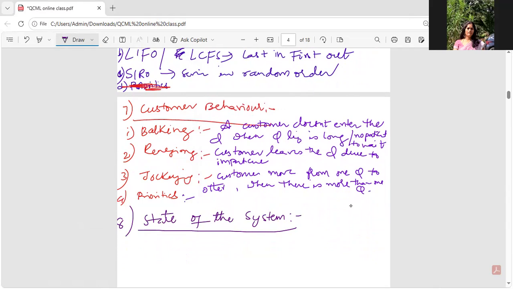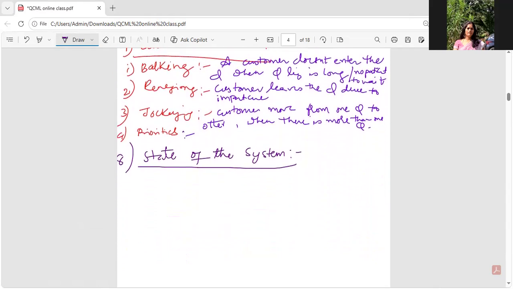With respect to time, it is called transient state. In transient state, differential equations come into picture in queuing system. For a steady state, the derivatives go to zero because it's constant. Derivative of a constant is zero.